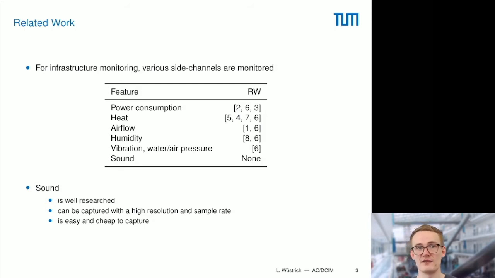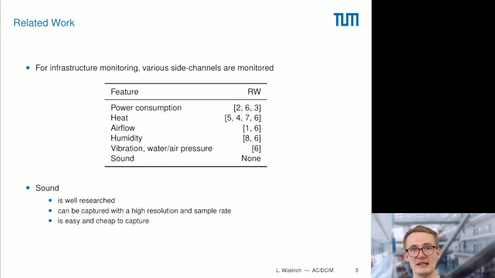Sound has many advantages. It's a byproduct of many physical activities, and many data center devices emit sound anyway, for example via their onboard fans for cooling. Sound is also already well researched from other domains and can be captured with high resolution and sample rate, which enables accurate monitoring.